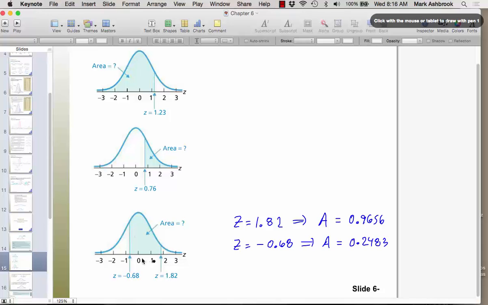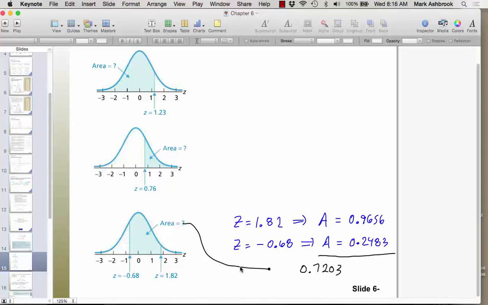So to get the area between, I'm going to subtract. Anybody got it? 0.7203. So what's the significance of that area being 0.7203? Daisy, what's the significance of that area being 0.7203? 72.03%.